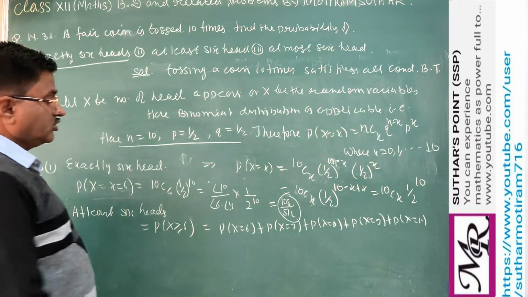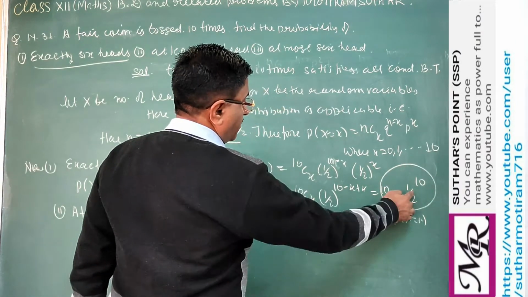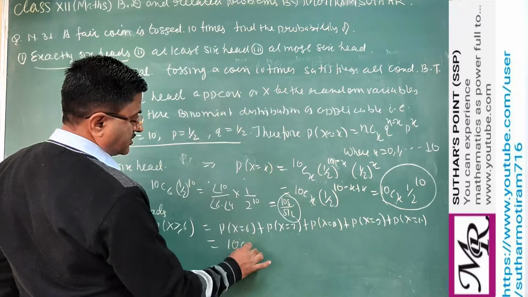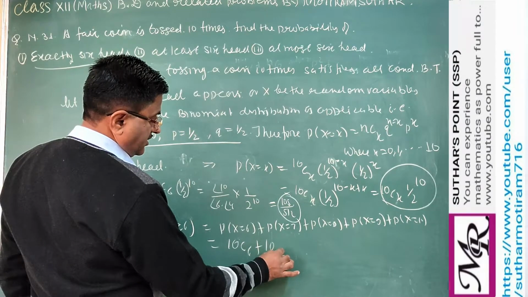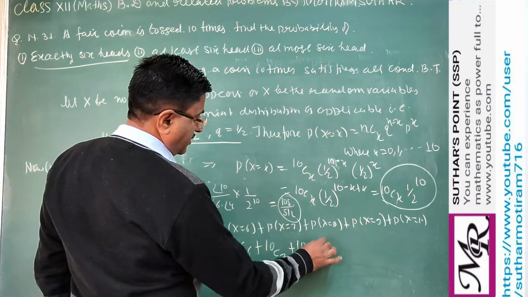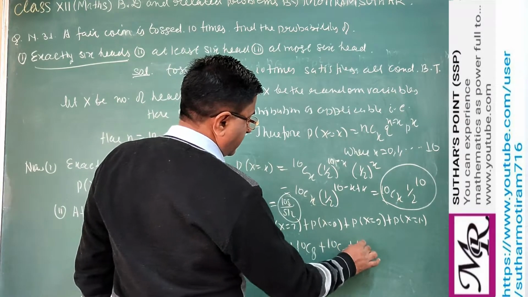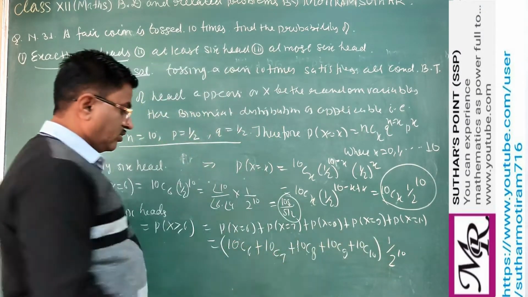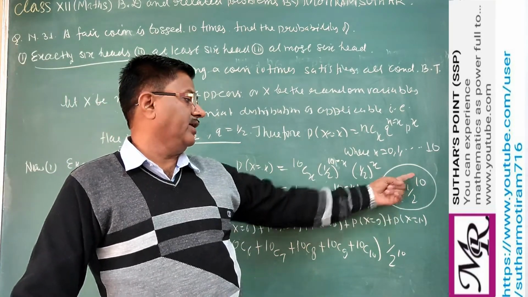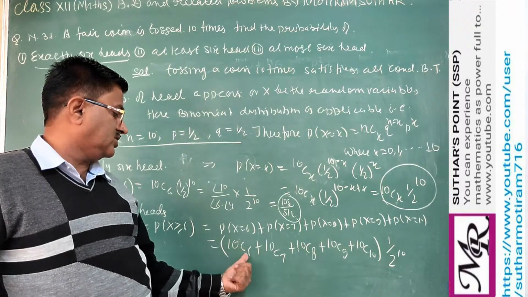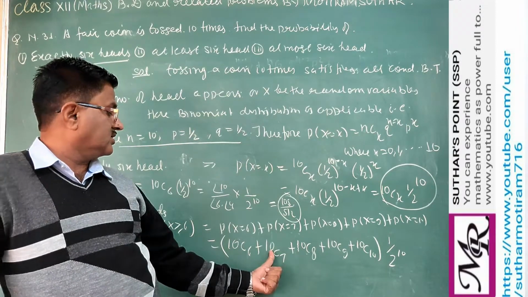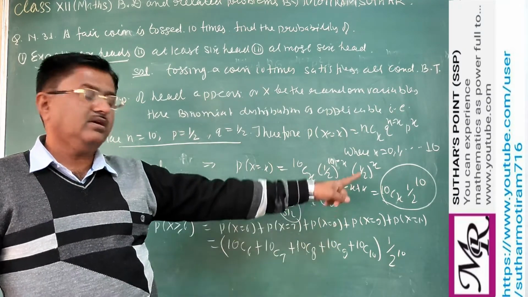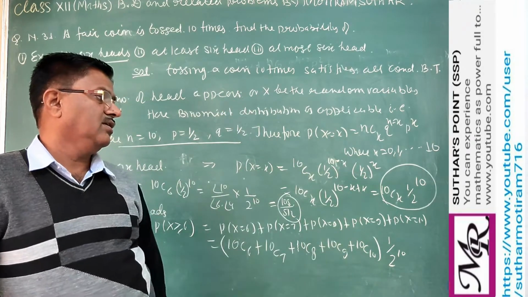Clear? So in this formula we put the value of x only. The others are all given: x 6, 7, 8, 9, 10. So what do we get? 10C6, 10C7, 10C8, 10C9, 10C10, and here 1 by 2 power 10 we take common, because in each term there is a 1 by 2 power 10. हर एक में ये भी आएगा, term 10C6 into 1 by 2 power 10, 10C7 into 1 by 2 power 10, 10C8 into 1 by 2 power 10, 10C9 into 1 by 2 power 10, and 10C10 into 1 by 2 power 10.